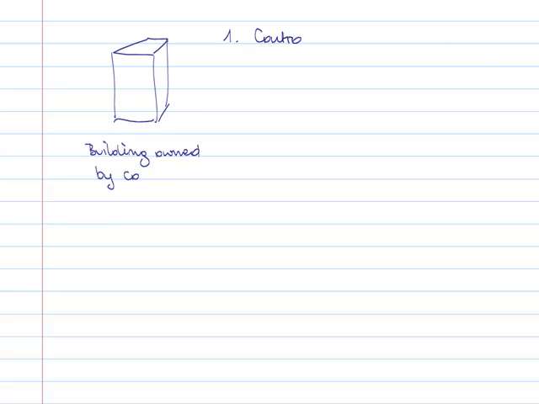Now let's look at examples of something that might or might not be an asset. If you look at a building owned by the company. Now the condition number 1, control.